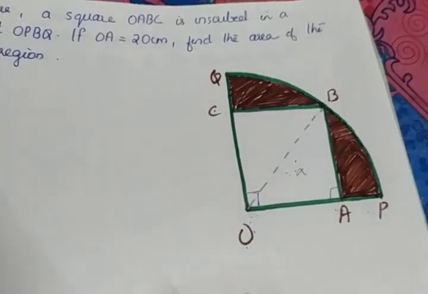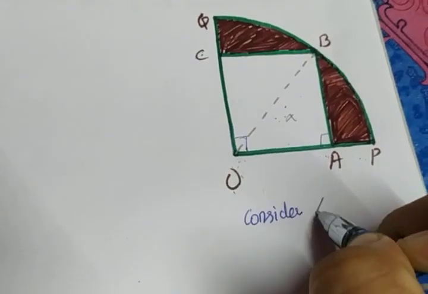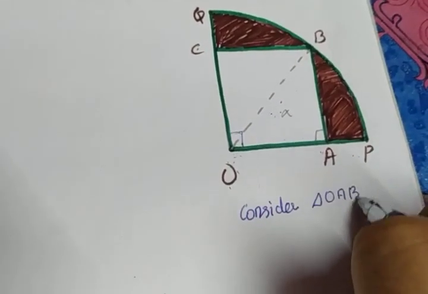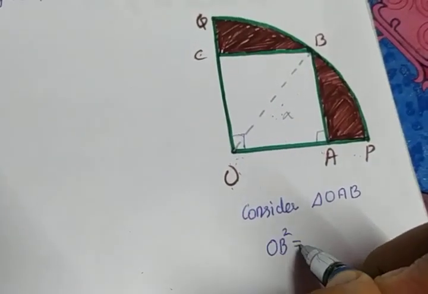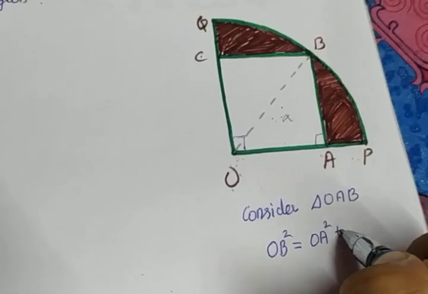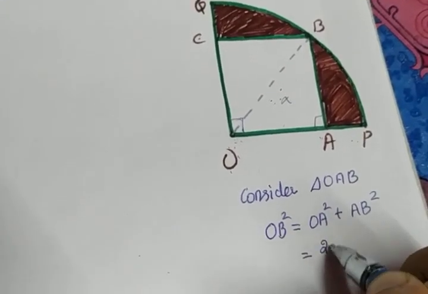So we are going to consider the right triangle OAB, and we are going to apply the Pythagoras theorem. What is the Pythagoras theorem? OB square, hypotenuse square, is equal to base square plus altitude square. So OA square plus AB square. OA square, that is 20 square. Why?